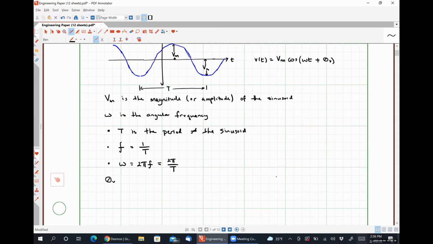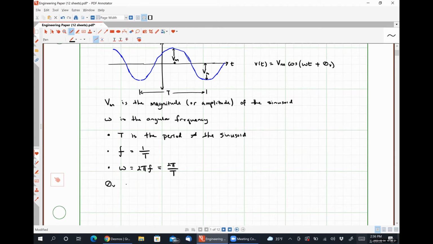Theta v is the phase angle, which determines the function's value at t is equal to 0.